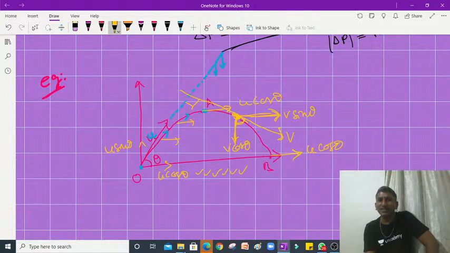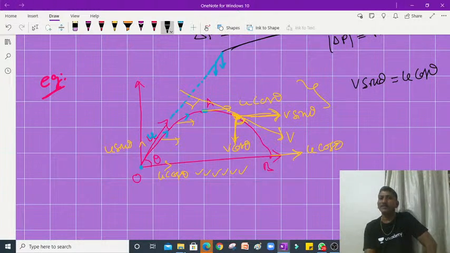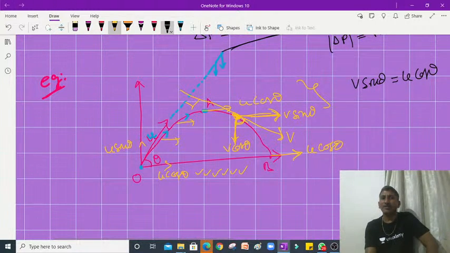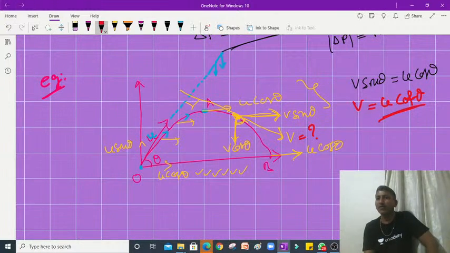So from this information, students, I can equate both of those. Means v sin theta is equal to u cos theta. From that I can say v is equal to, he is asking for v, so v is equal to u cot theta.